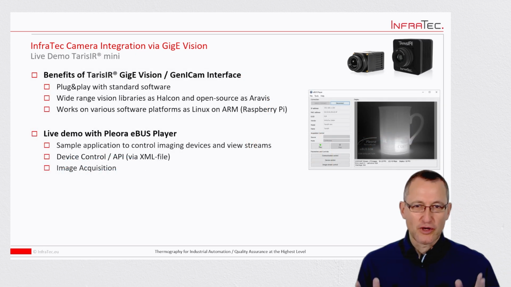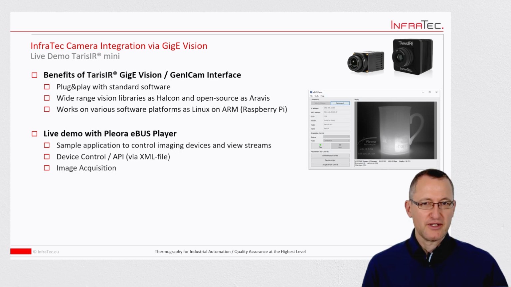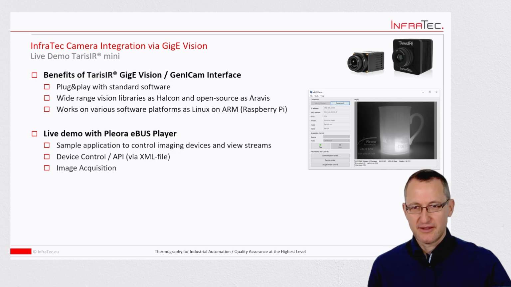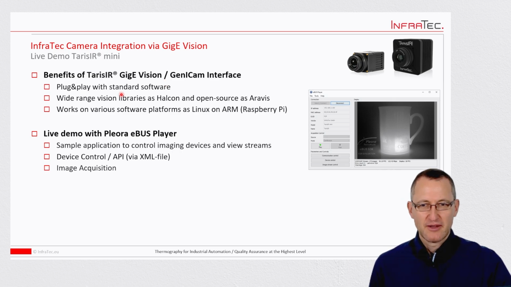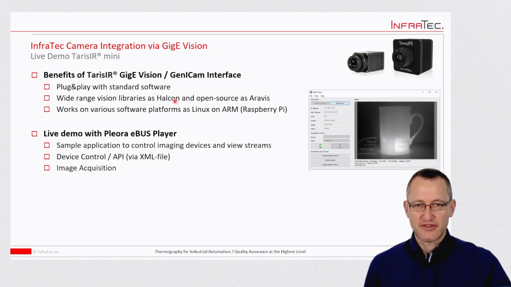Now let's move on to a bit more detail, with our camera, the Taurus IR Mini, as an example. What are the benefits of supporting that interface? This allows plug and play with standard software. We can use a wide range of applications such as Halcon, or also open source software such as Aravis.